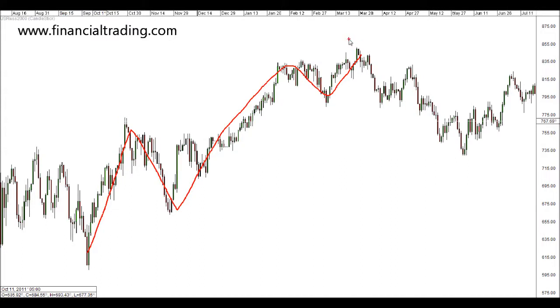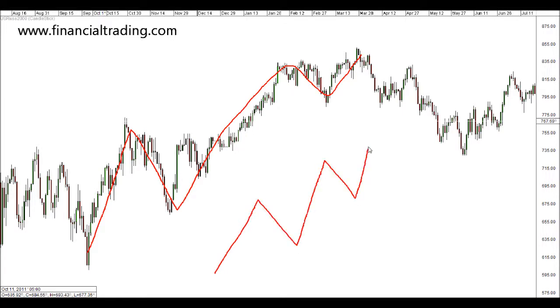So what happens after this third motive wave? We have the first ABC formation that I'll demonstrate in this video, and that's the zigzag. So an ABC correction is when we have at least 3 waves that create a corrective pattern, and these 3 waves are lettered A, B, C. So the zigzag corrective pattern will look something like this.